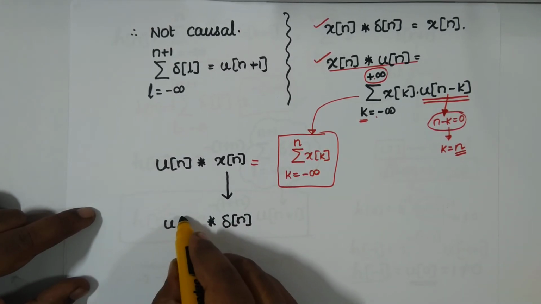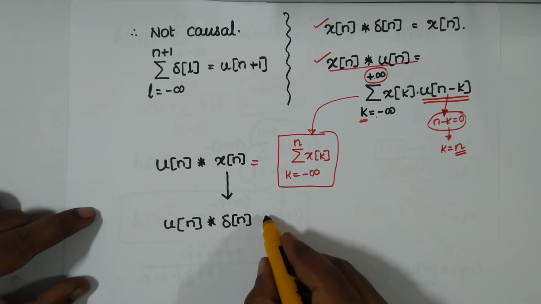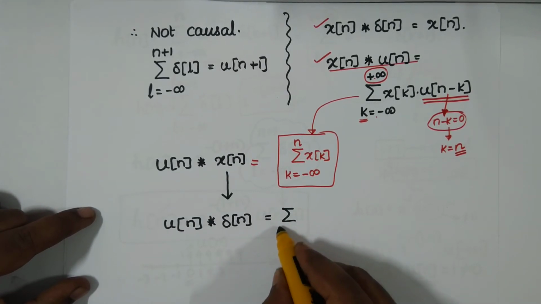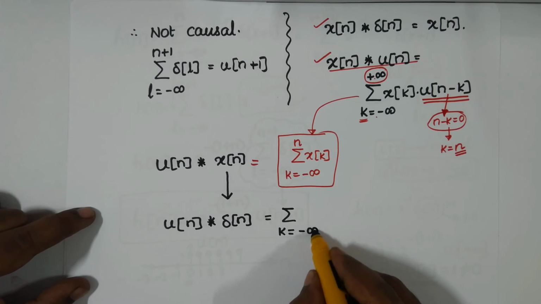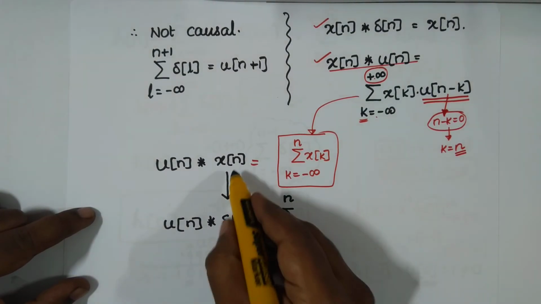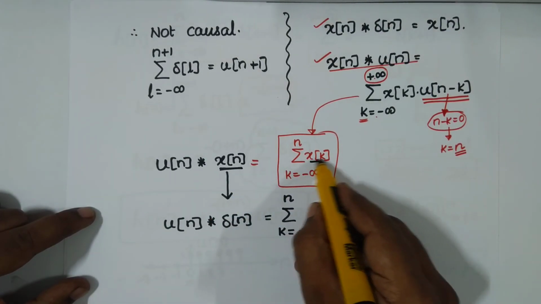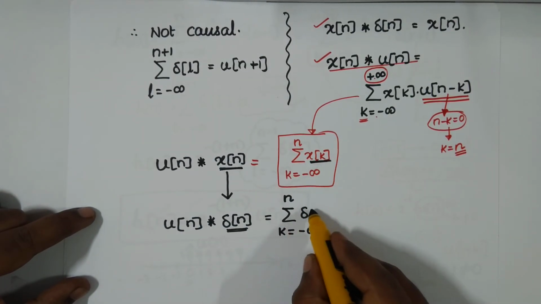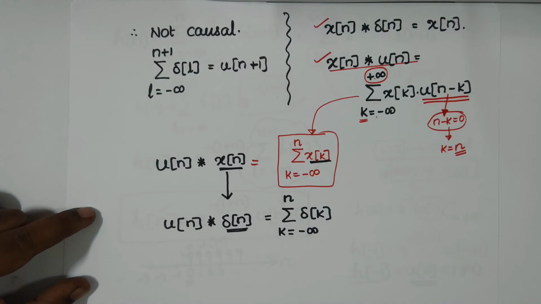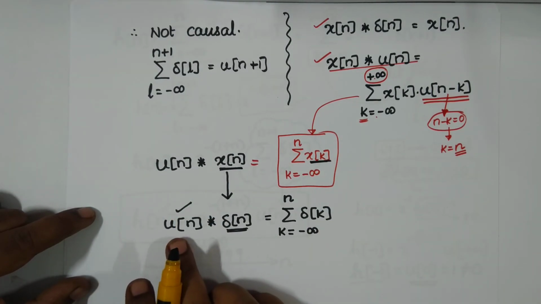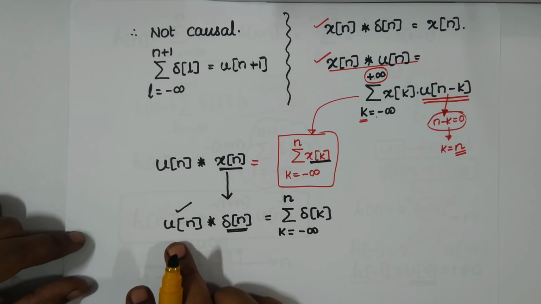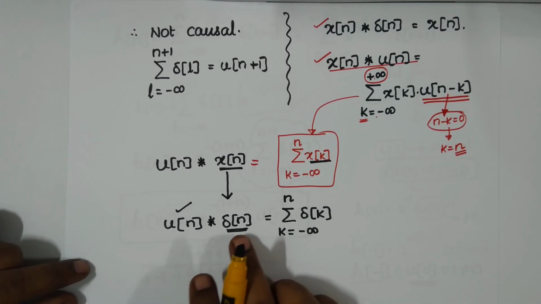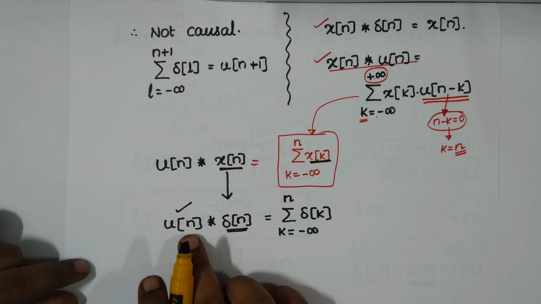So u of n convolved with delta of n is equal to what? K is running from negative infinity to n. If it is x of n, this must be x of k. If it is delta of n, this must be delta of k. Now any sequence convolved with delta of n is again the same sequence.